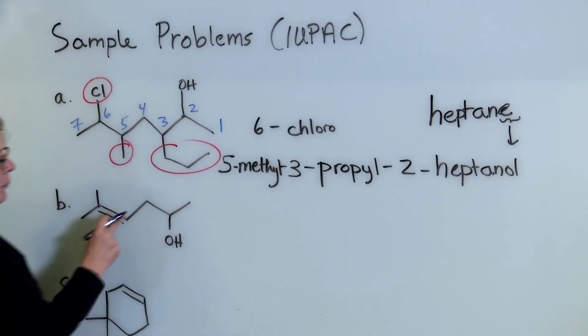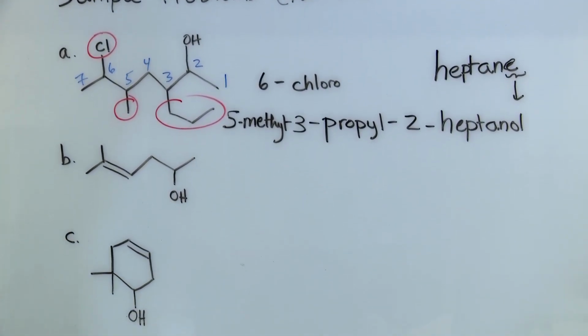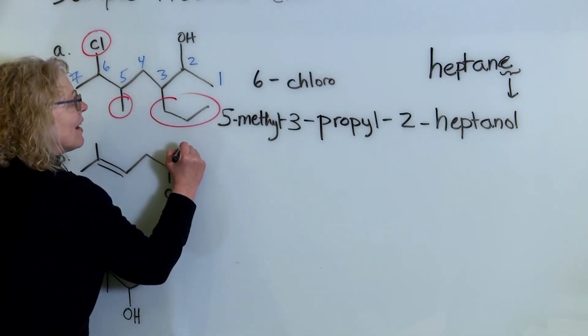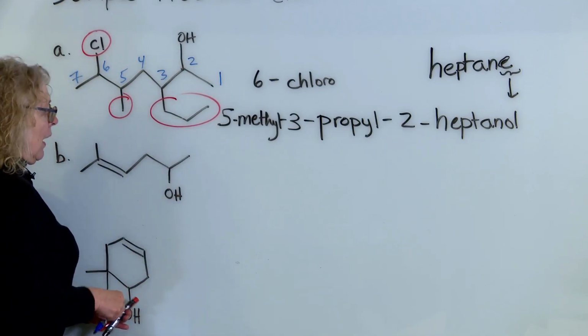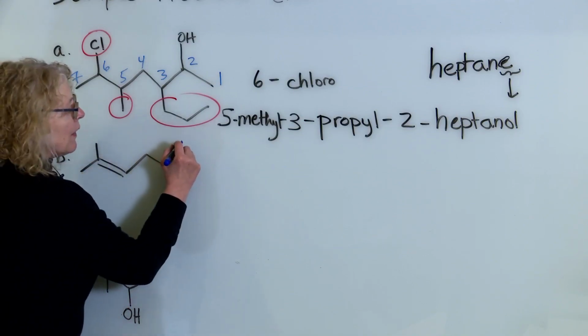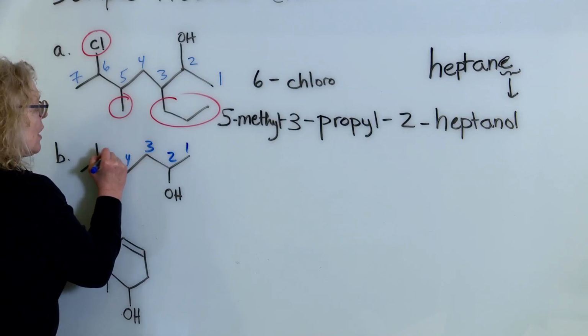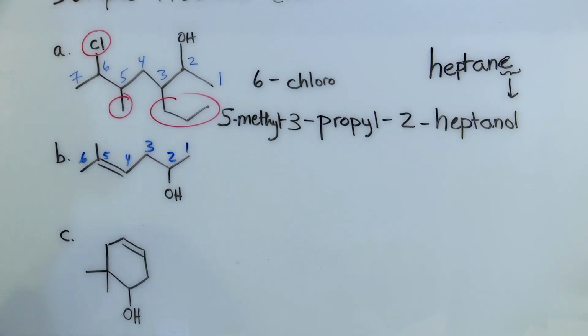The second problem has an enol, so we have to name this using both functional groups. Again, the double bond is lower in priority than the hydroxyl. So we number to give the hydroxyl the lowest possible number.